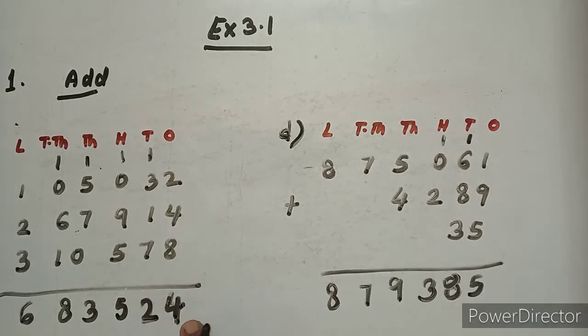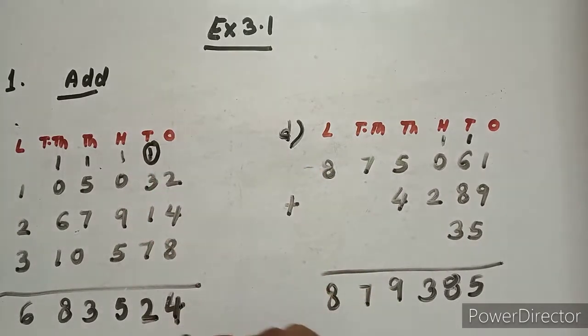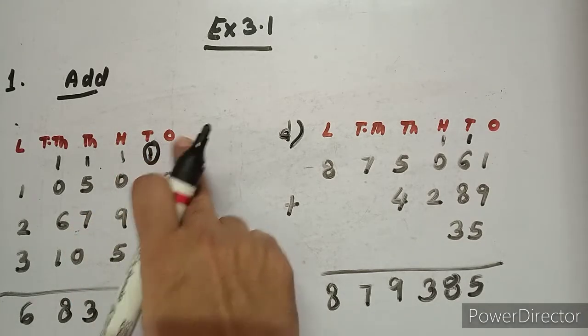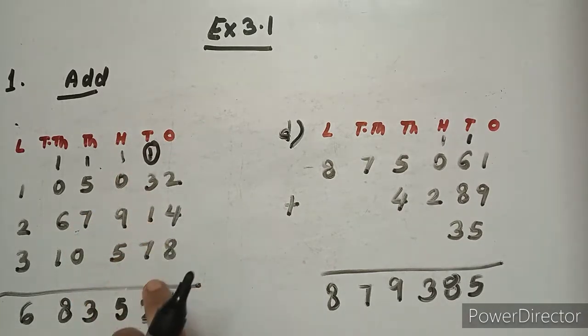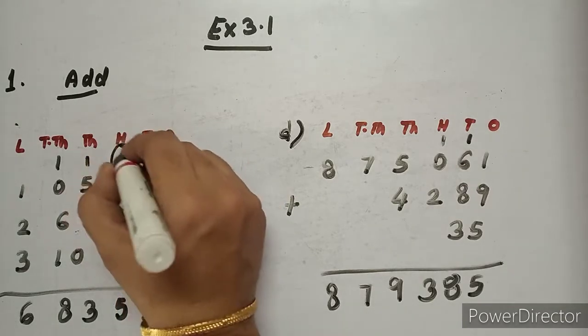Okay, so I have written 4 in the ones position and 1 we have carried it. Okay, then we have 3 plus 1 4, 4 plus 1 5, and plus 7 is your 12. So I have written 2 here and 1 as carryover.